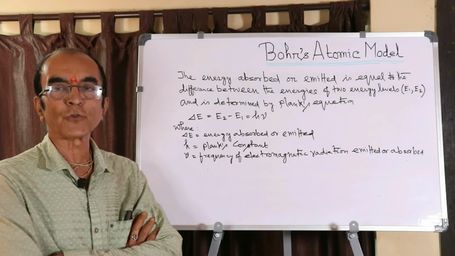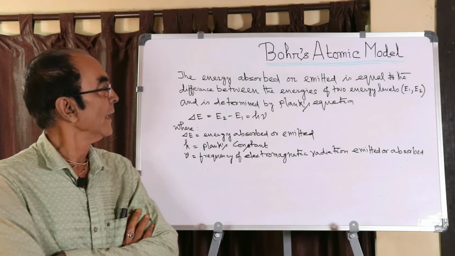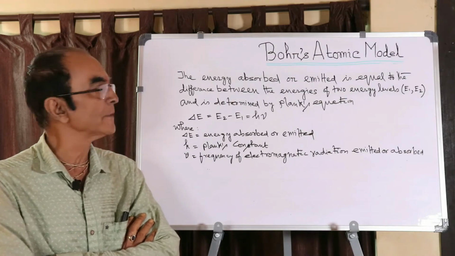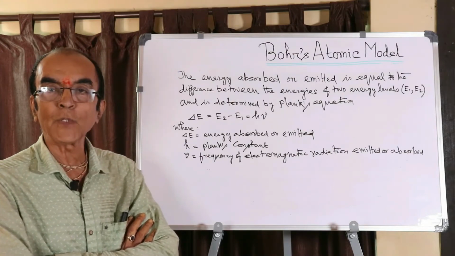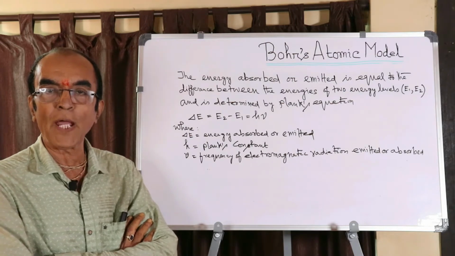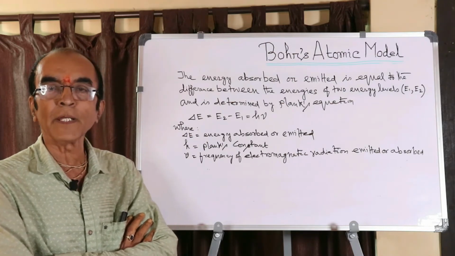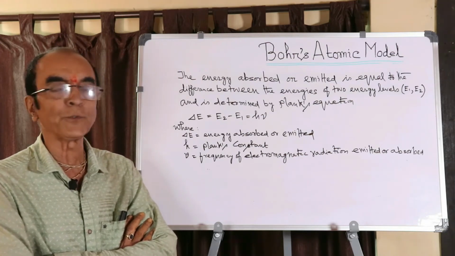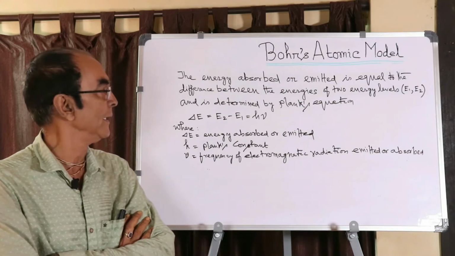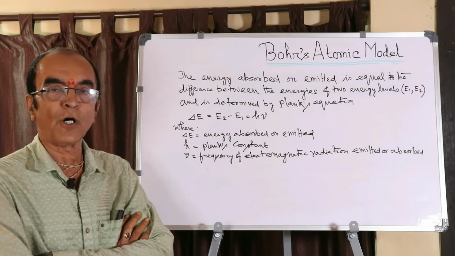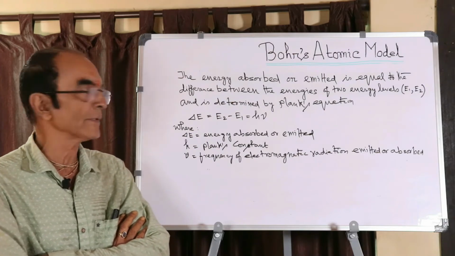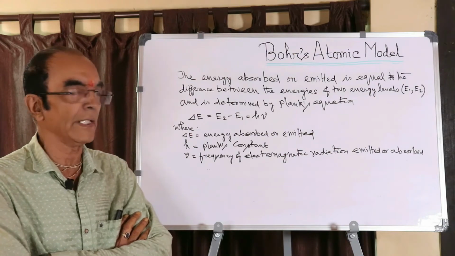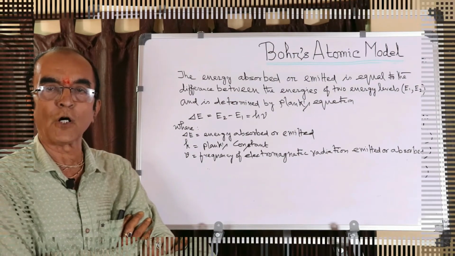In connection with Bohr's atomic model, the energy absorbed or emitted is equal to the difference between the energies of two energy levels, that is E2 and E1, and is determined by Planck's equation, that is ΔE = E2 − E1 = hν, where ΔE is the energy absorbed or emitted, h is Planck's constant, and ν is the frequency of electromagnetic radiation emitted or absorbed.